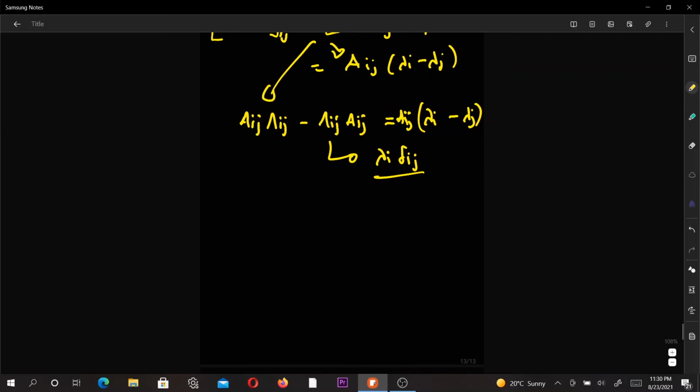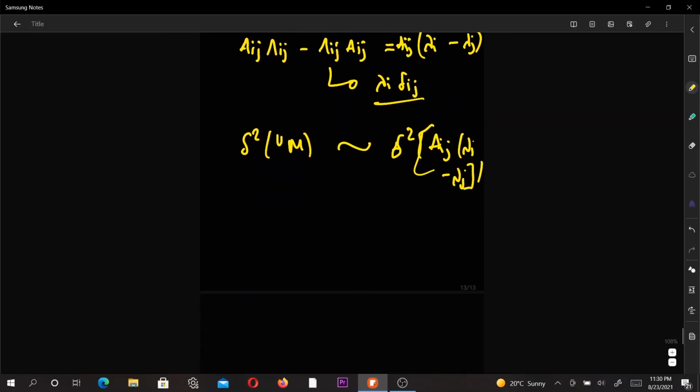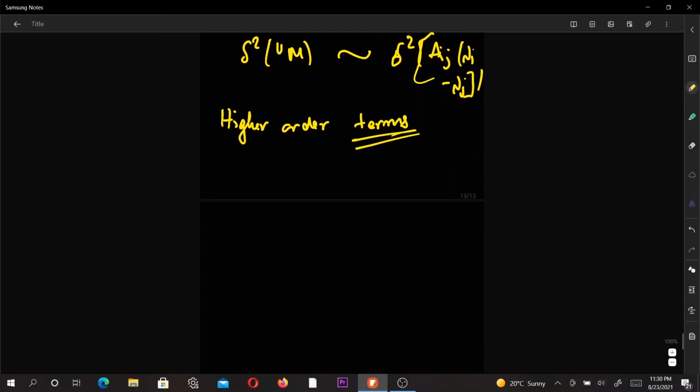So the delta function constraint is now turned into delta of a_ij times lambda_i minus lambda_j. Now let's see what happens. And we neglected higher order terms.